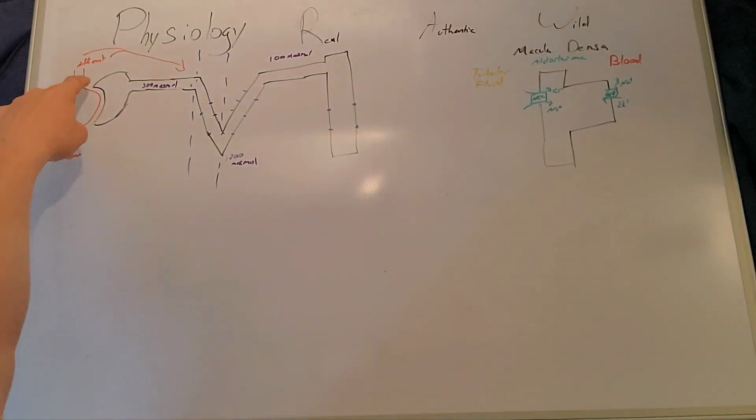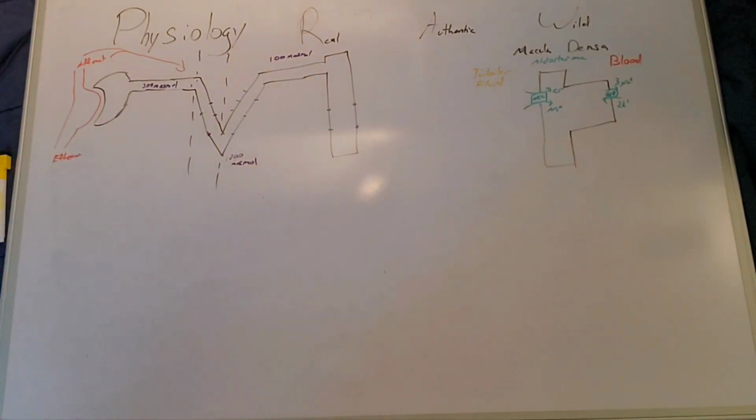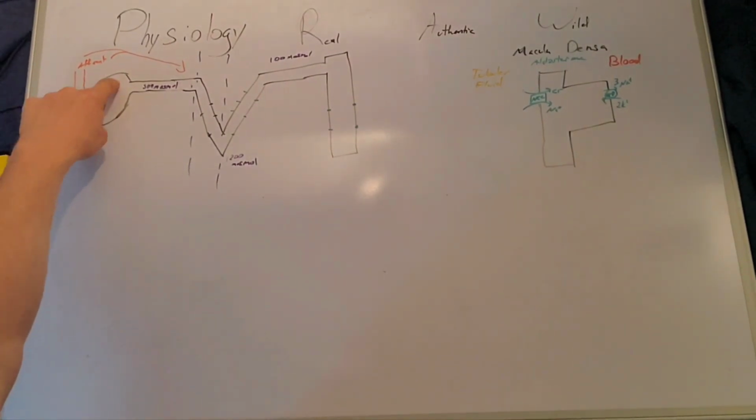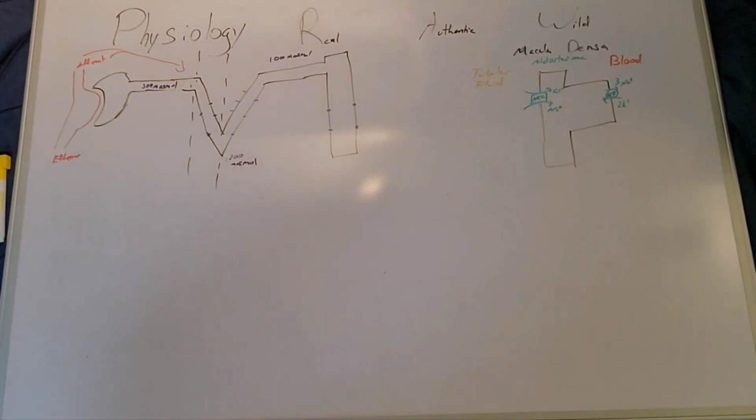So the glomerulus is the capillary bed right here, and then the tubule is the Bowman's capsule, the beginning of the tubular parts. And so what happens is they communicate with each other, and it will affect the function of the kidney as a whole.